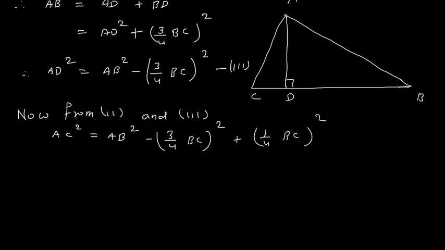So I will expand it. This will become AB square minus 9 upon 16 BC square plus 1 upon 16 BC square.